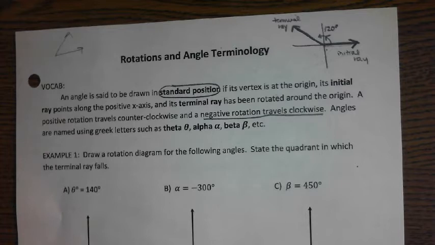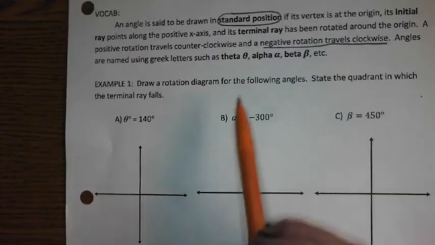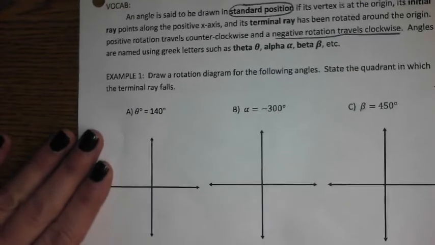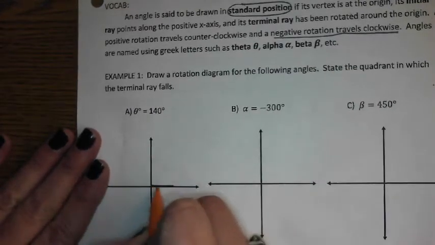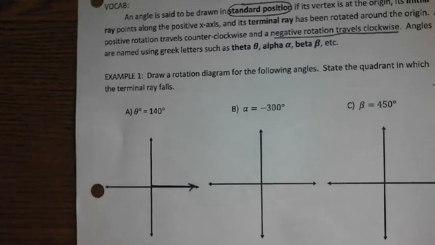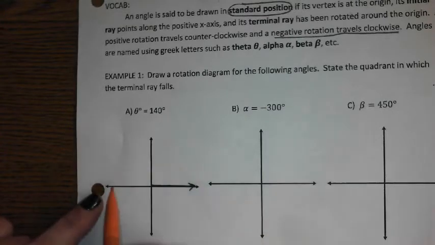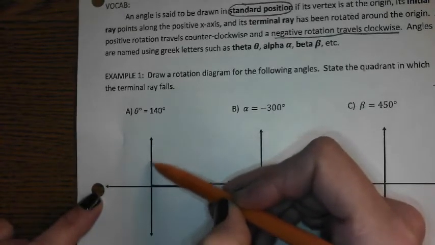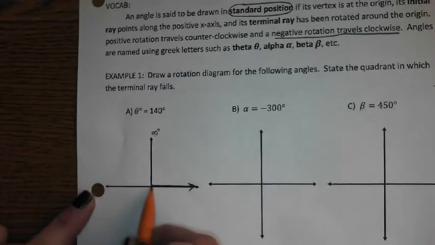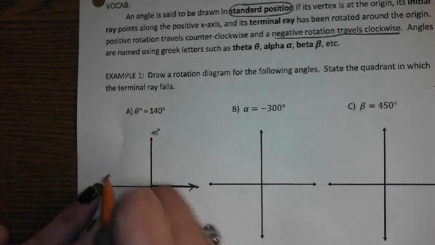Okay? So this first section wants us to draw a rotation diagram for the following angles and then state the quadrant that the terminal ray falls in. So your initial ray is always on the x-axis, so draw that. And then this is a theta of 140 degrees. Now, just for curiosity, how many degrees is this y-axis? 90 degrees. How many is this one? 180.